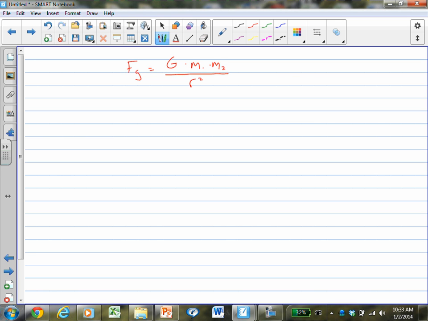But when you look at a certain object, then you get G times that m, and the other one's the mass of the Earth, over r squared. So these m's cancel, and a formula to calculate the acceleration due to gravity, little g, is equal to big G times the mass of the Earth over r squared.